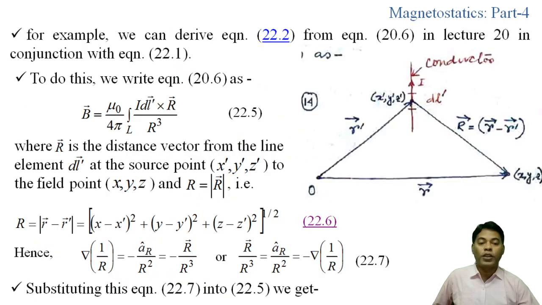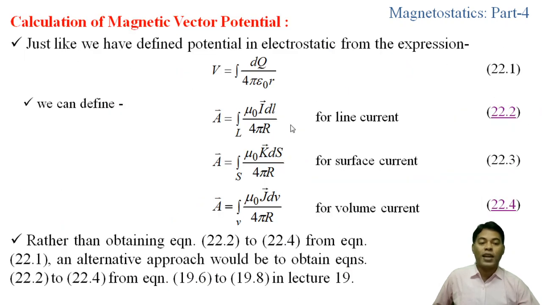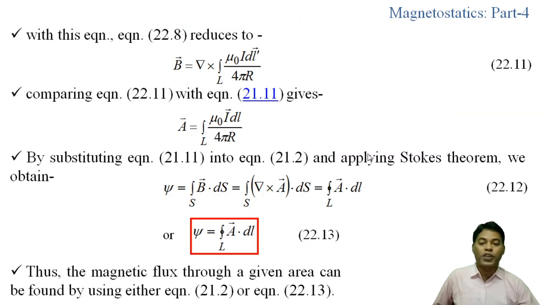Again, I am showing you this equation. Here you see that the same expression we have calculated for the line current: A equals line integral of mu naught I dl by 4 pi r.